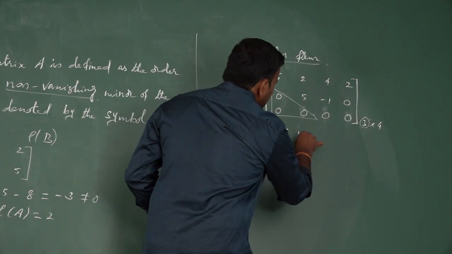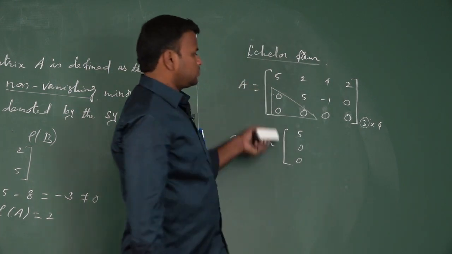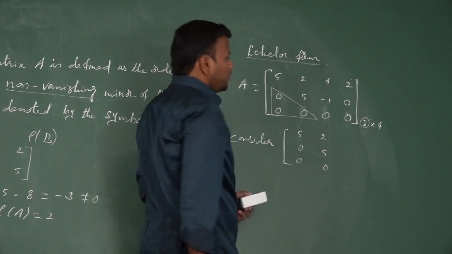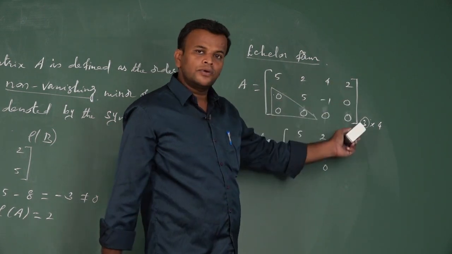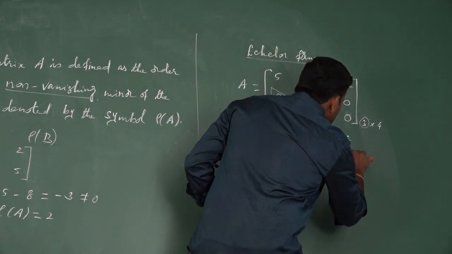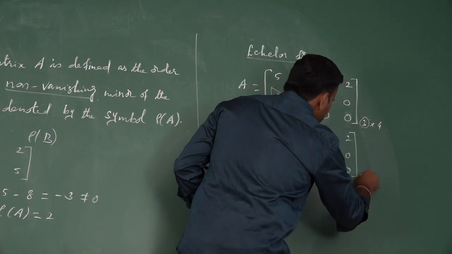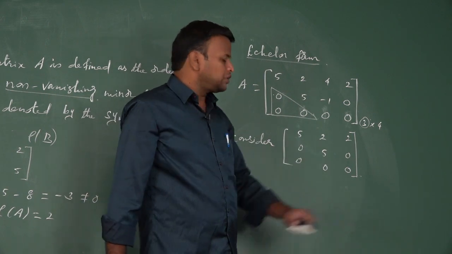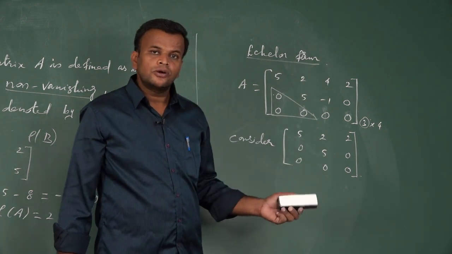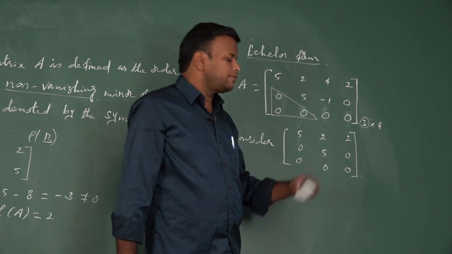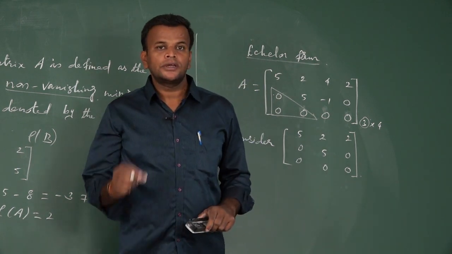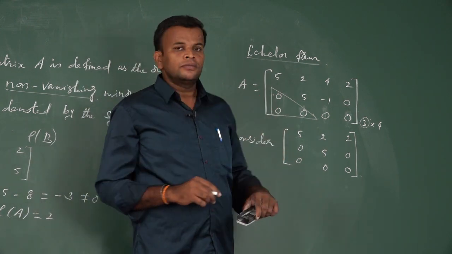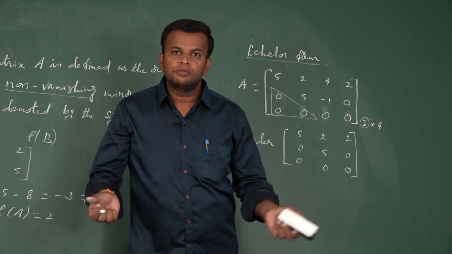I will take 5 0 0 as the first row, 2 5 0 as the second row, and either the third row or fourth row, 2 0 0. Now the order is 3 by 3. We find the determinant value. Suppose it is non-zero, we come to the conclusion that the rank of the matrix is 3. It's your choice, depending on whether the question specifically asks for row echelon form or the minor determinant method.